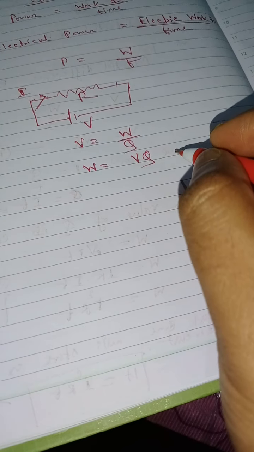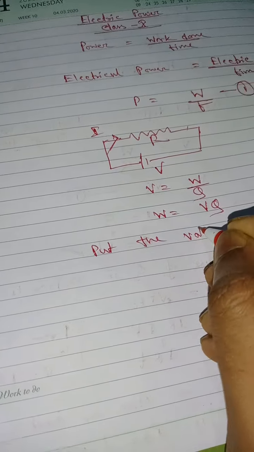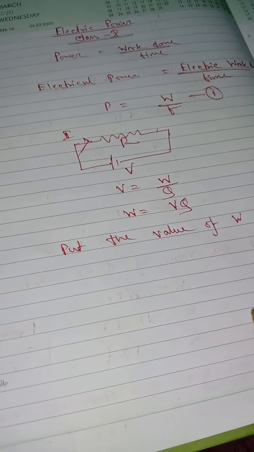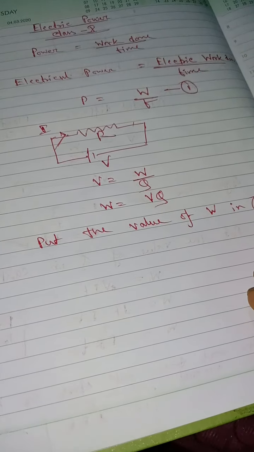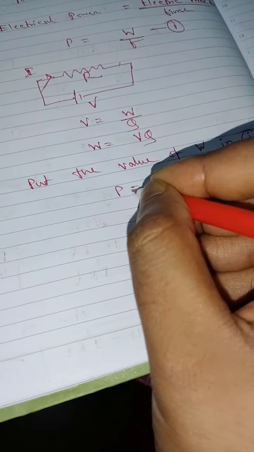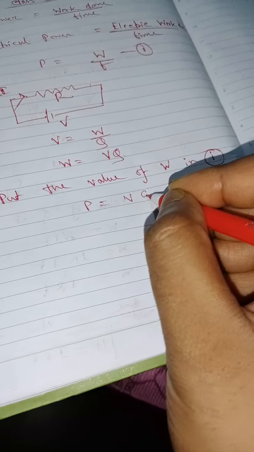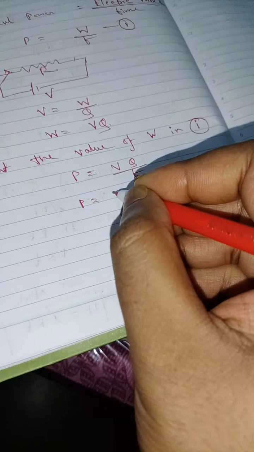And if you put the value of W in equation 1, then we can write P is equal to, at the place of W we write VQ, so VQ by T. So from here, Q by T means current flow.